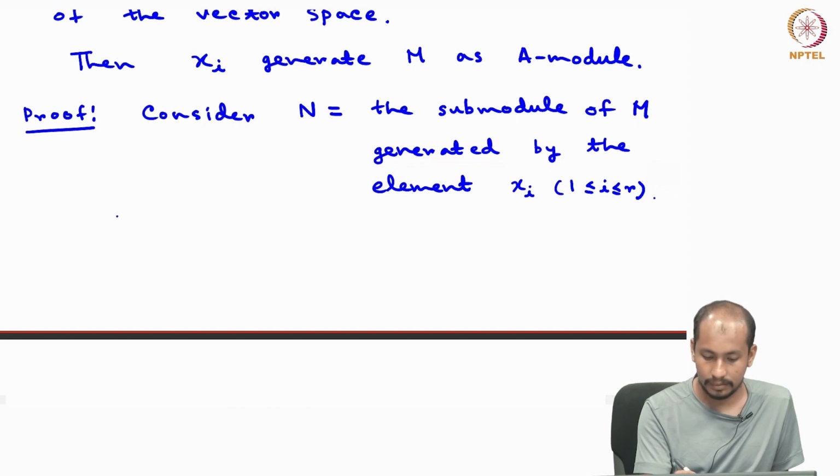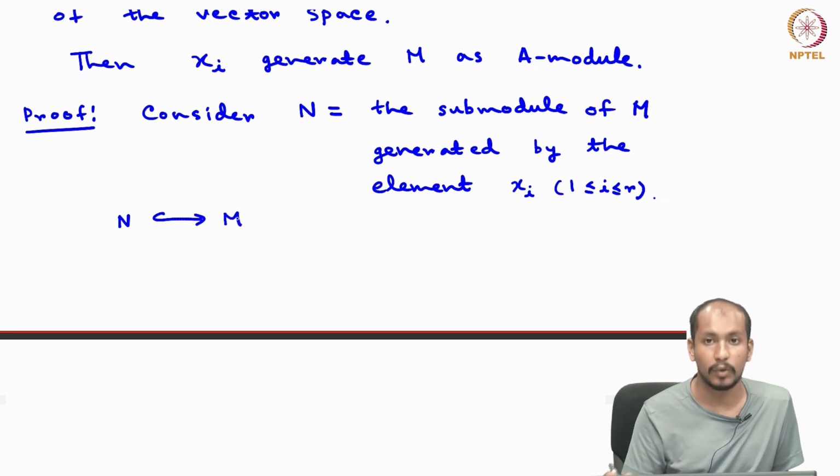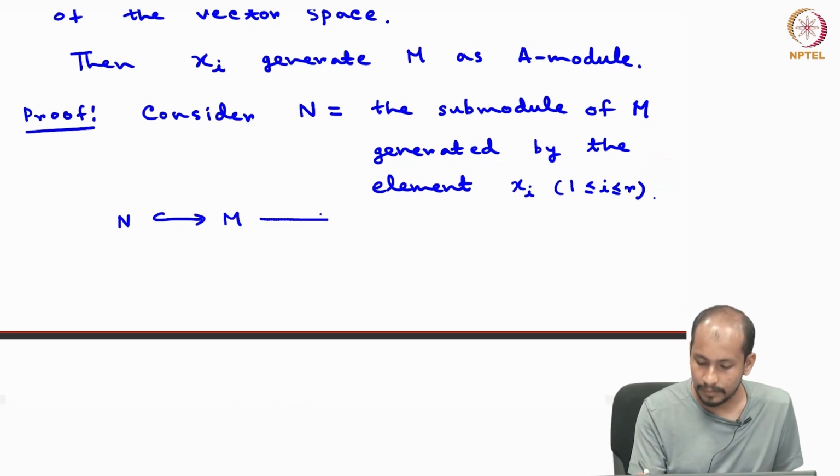Now, N is a submodule inside M. From M to M mod mM, I have a surjective map.